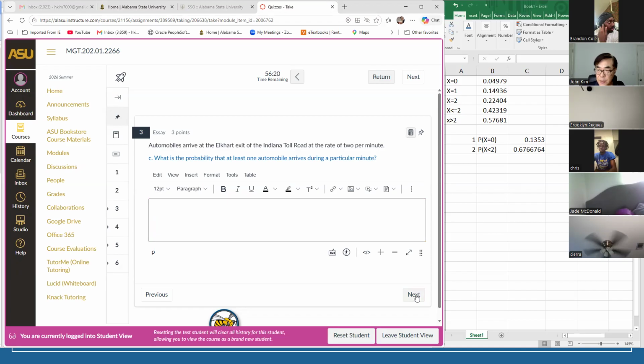Okay, next question, the same one. Mu is 2. What is the probability that at least, if you see at least, then greater than or equal to at least one automobile, at least one automobile. So it is P at least one, X greater than or equal to 1.